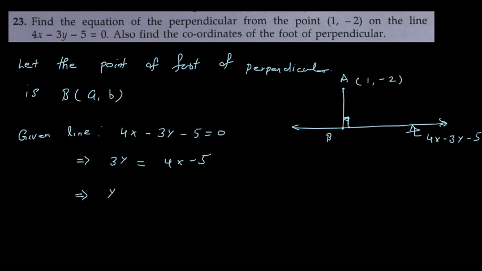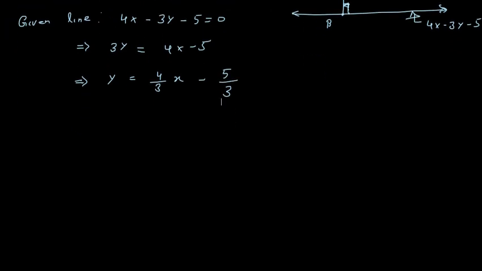So this will give me y is equal to 4 divided by 3 times x minus 5 divided by 3. So here slope m1 is 4 divided by 3.